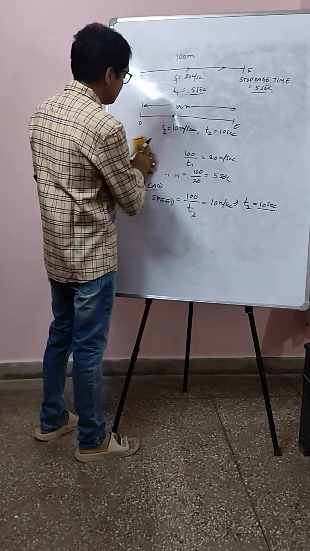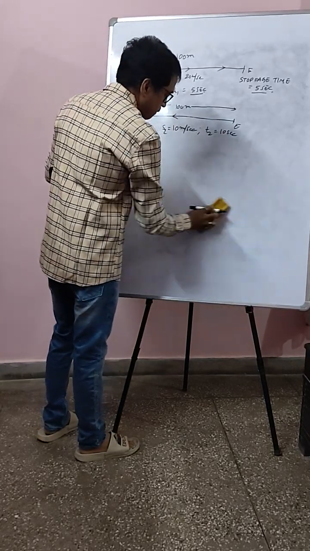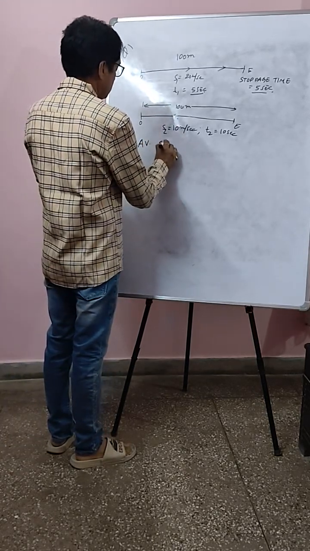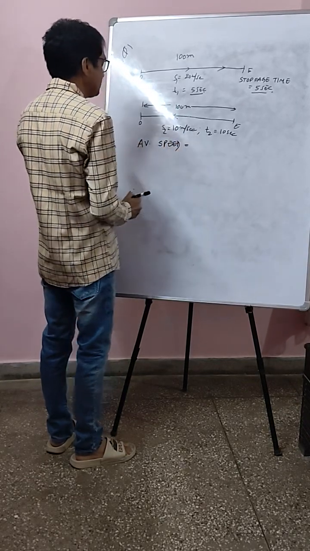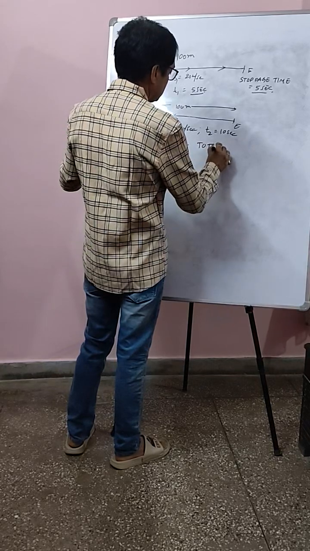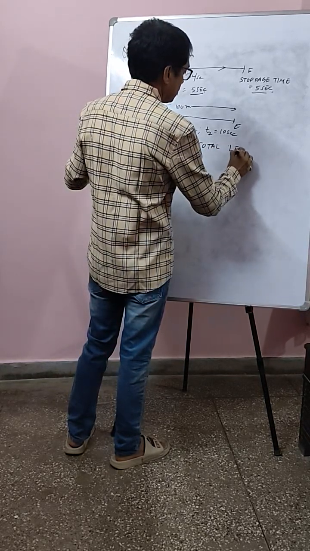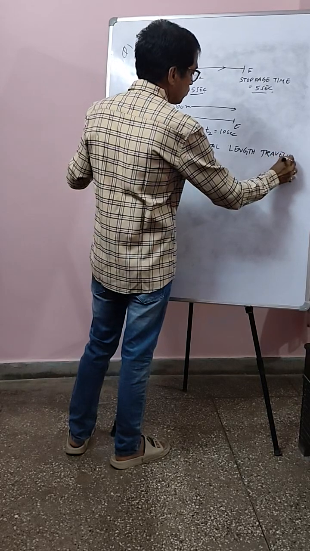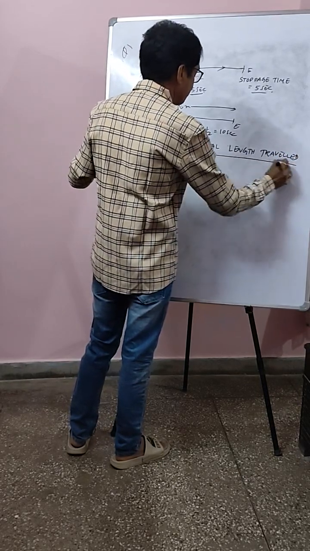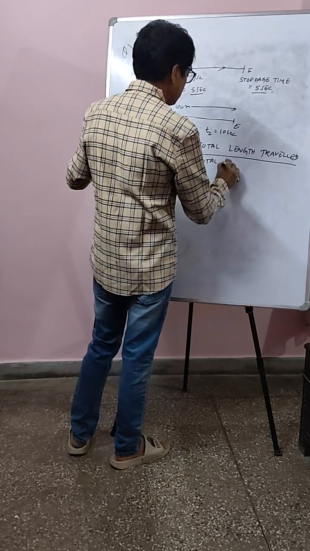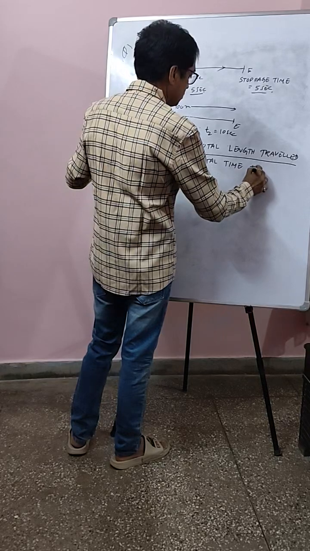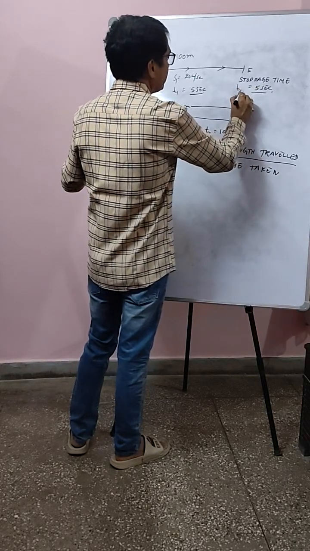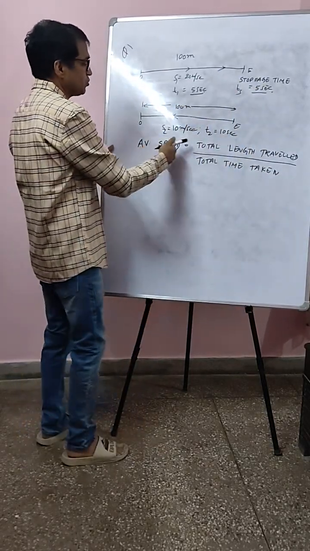Now we find average speed. What is average speed? Average speed equals total length traveled upon total time taken. We call the stoppage time TS.